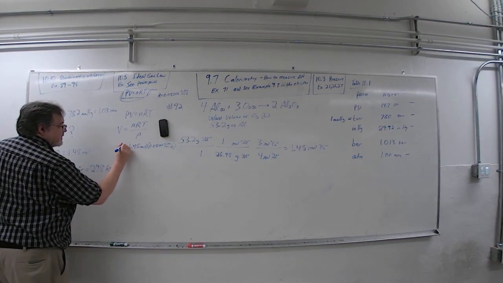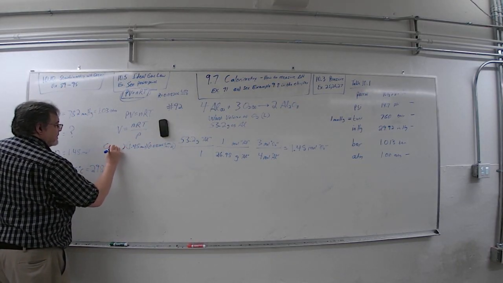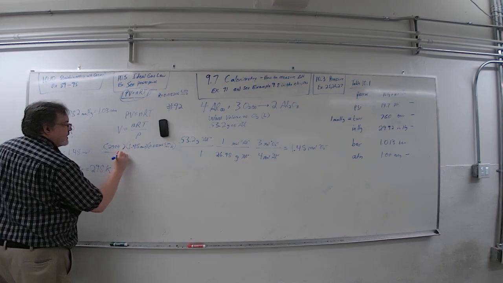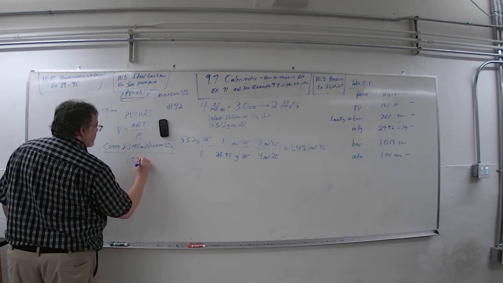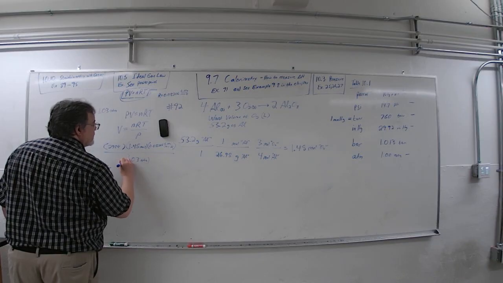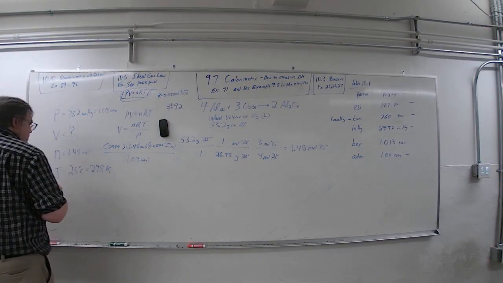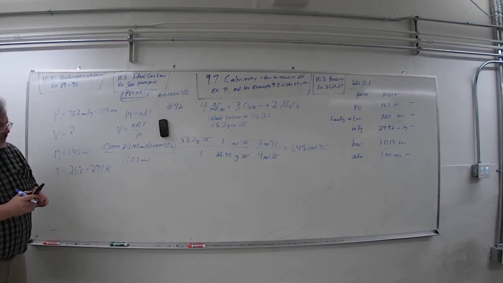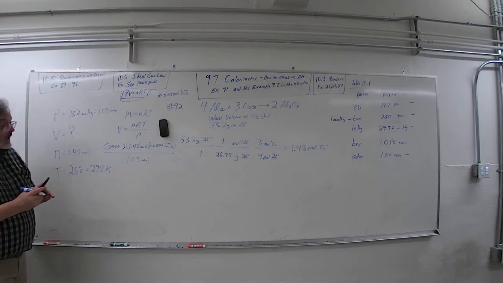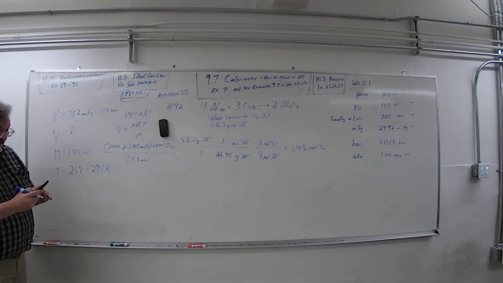I'll just put temperature over here, 298 K, divided by pressure, which is 1.03 atmospheres. 298 times 1.48 times 0.08206 divided by 1.03.